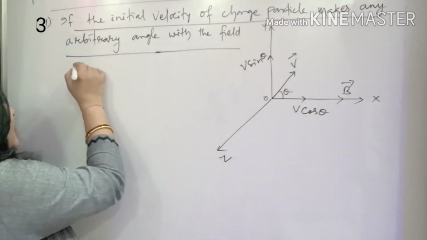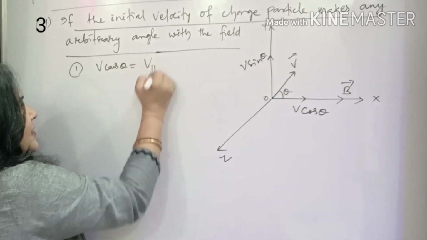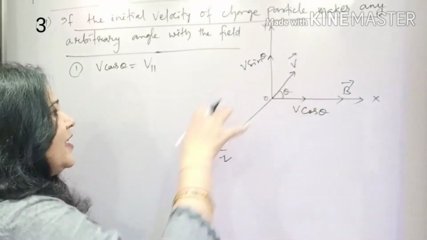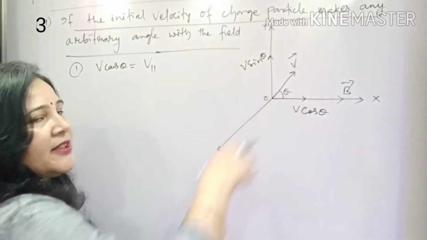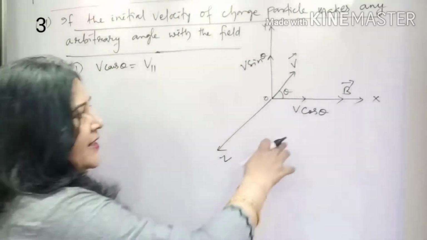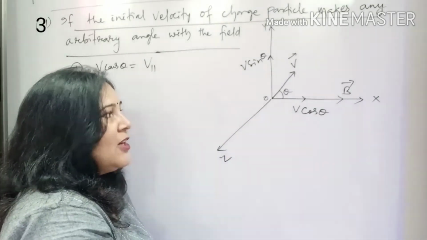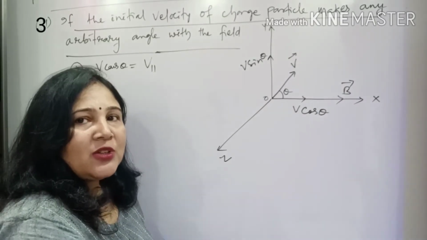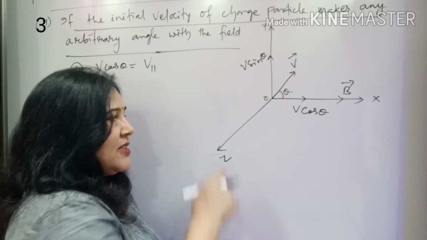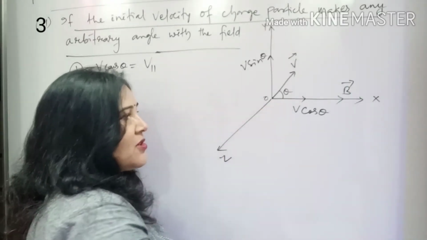Now v cos theta is the parallel component of the velocity, acting along the direction of the magnetic field. Since it acts parallel to the field, the charged particle will not experience any force due to this component. So the charged particle will move in a straight line in the same direction as the field.